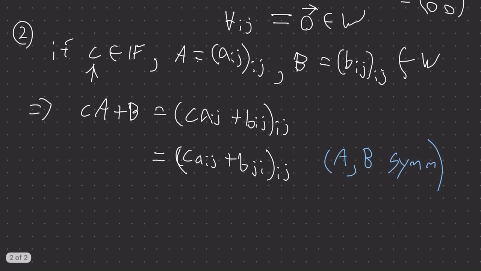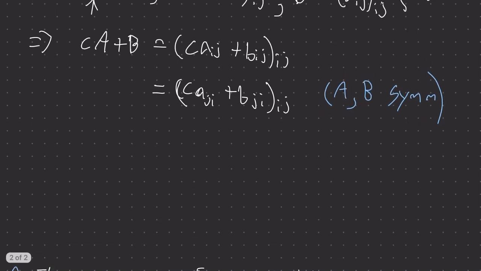In this case, oops, I slipped up here. Sorry about that. This is also going to be A_ji, because we need to finish the proof here. The last step is that this equals c times A plus B transpose. And this turns out to be true.